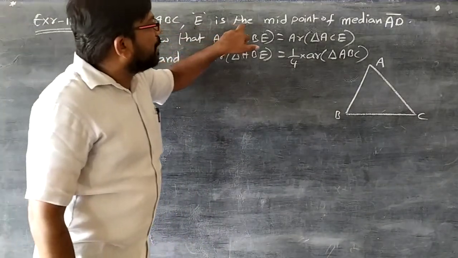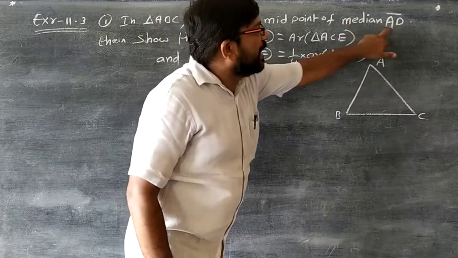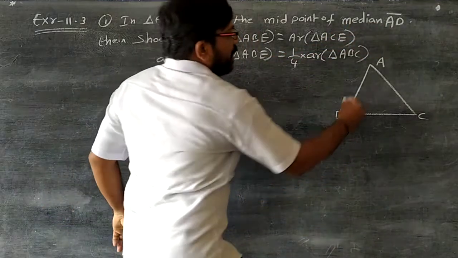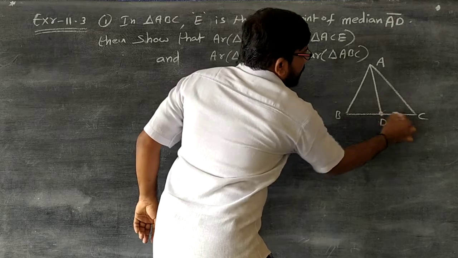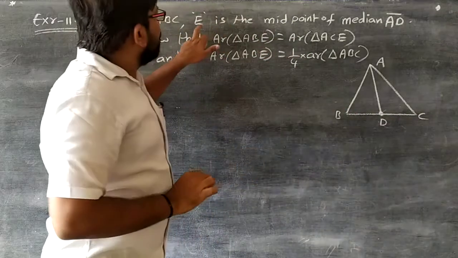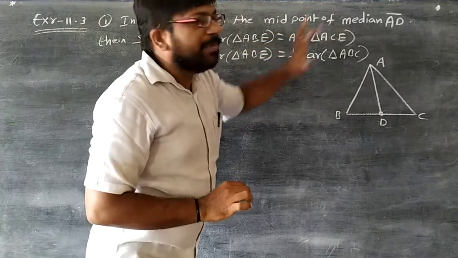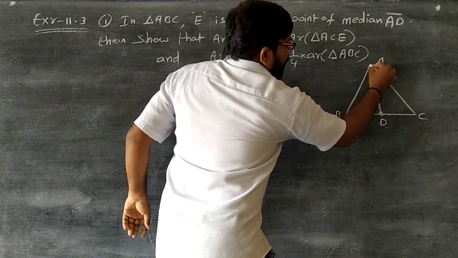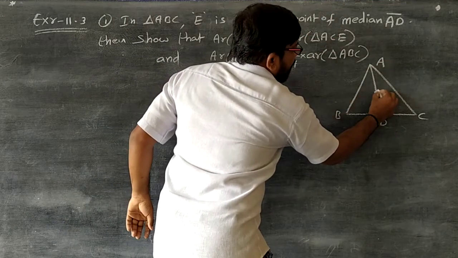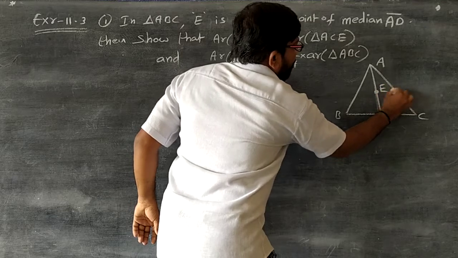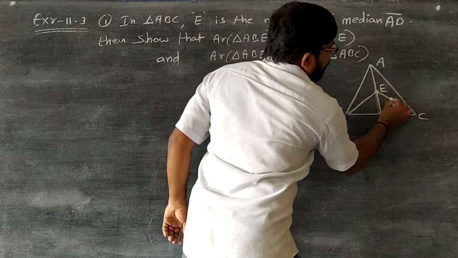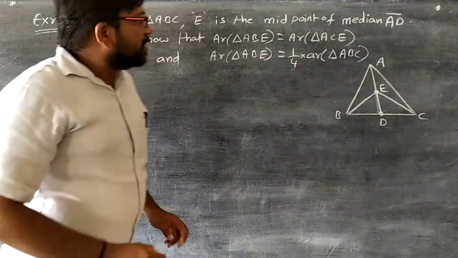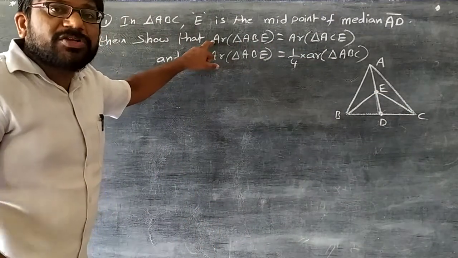E is the midpoint of median AD. AD is the median, so D is the midpoint of BC, and E is the midpoint of median AD. Now join EB and EC. Then show that, there are two questions.